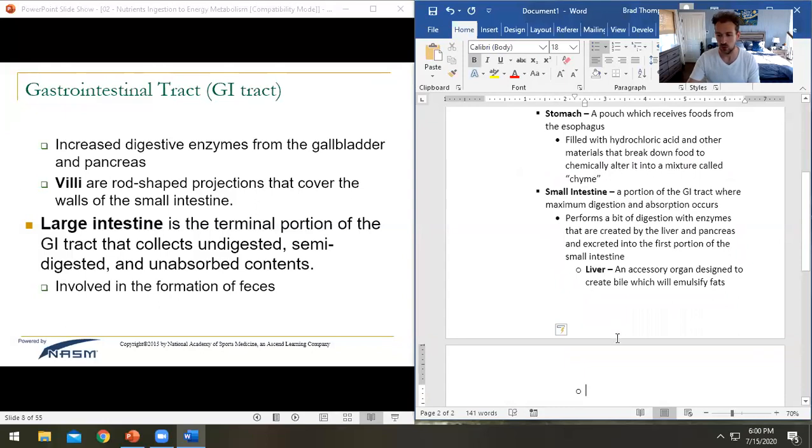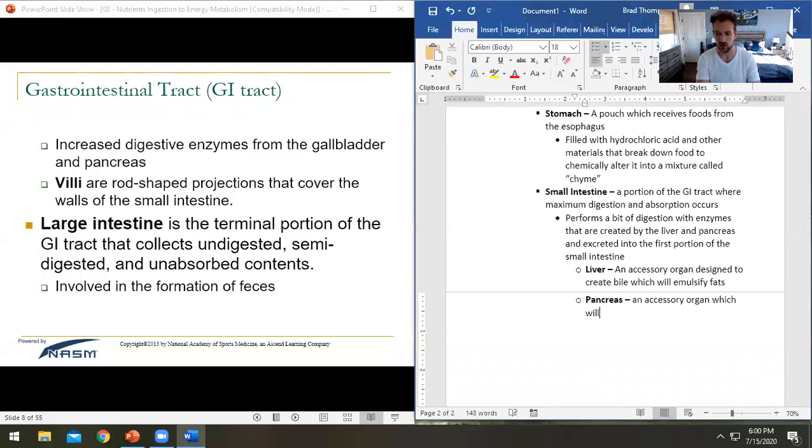You have got your pancreas, an accessory organ, which will create enzymes to further break down carbohydrates and proteins, right?